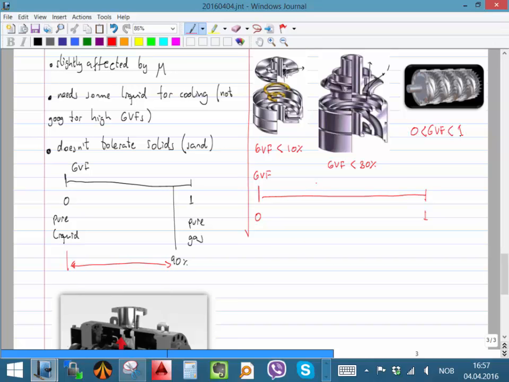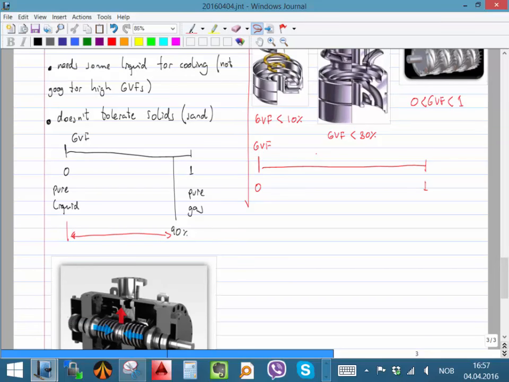So if we have something that is very universal, why do we want to go to the other two that actually have limitations? Okay, it's because the delta P that I can achieve here is much smaller than the delta P that I can achieve with one of the radial or mixed flow machines. Okay, usually delta P of the axial is much less than what I can achieve with a delta P of a radial or delta P of a mixed.